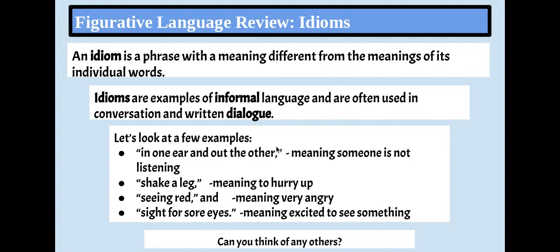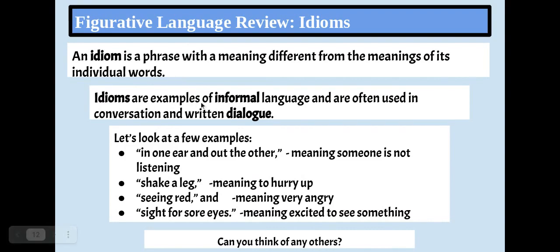When I say what I'm talking about is going in one ear and out the other, I don't mean words are walking through your ear, through your brain, and coming out the other side. All it means is that you weren't listening to what I said. It just went right through you, metaphorically. It didn't actually go physically right through you, okay?